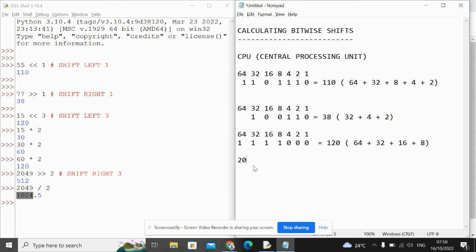Let's do that in binary. A binary number requiring quite a lot of bits, but there are a lot of zeros.